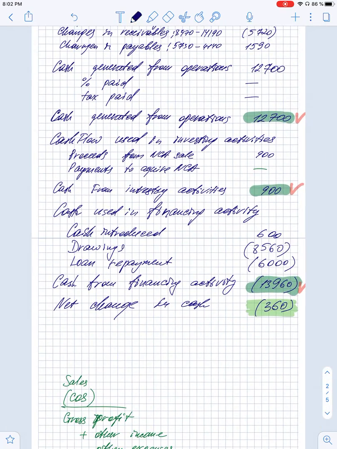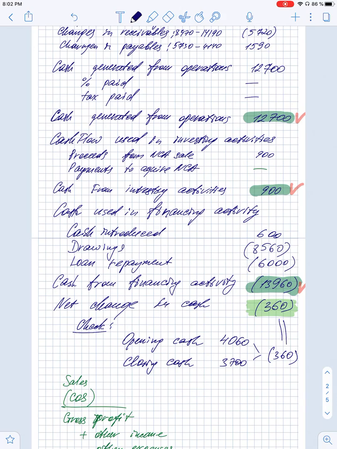Indirect method implies that you look at the differences between the changes in current assets, current liabilities, and other things. So we can say that opening cash was 4,060, closing 3,700, and eventually the cash in the bank account decreased by the 360 we have just calculated. So we can check ourselves, reconcile our calculations. Opening cash, closing cash, and the difference between them is 360 also, which is equal to the net change in cash just calculated.